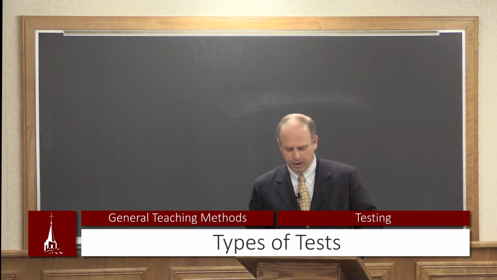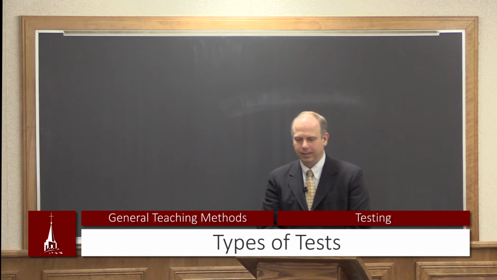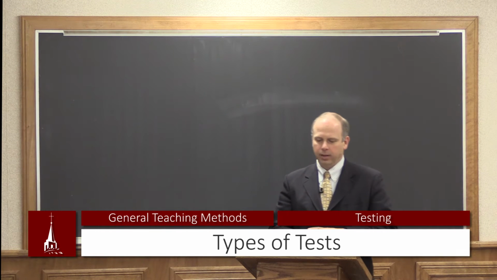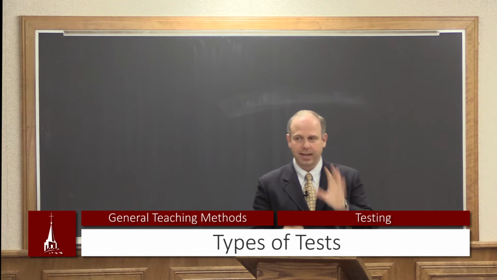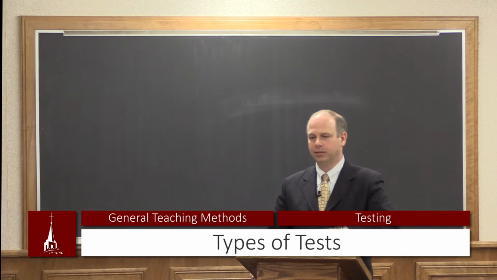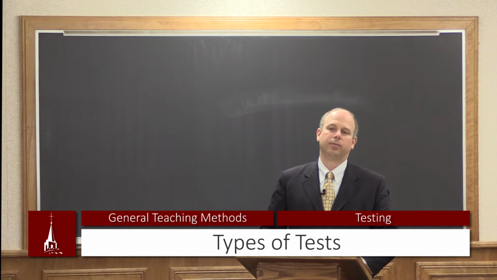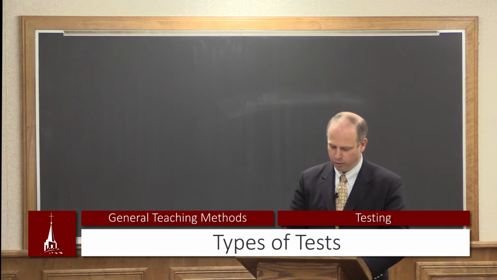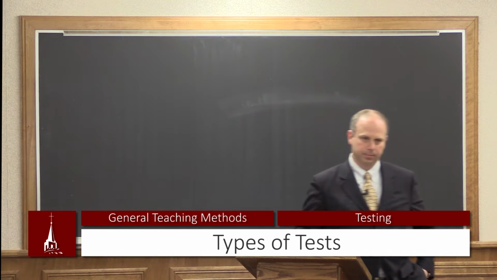So, all right, now we get into, well, let's do one more thing. With standardized tests, there are two types of standardized tests. One is called a criterion referenced test, and the other is called a norm referenced test.